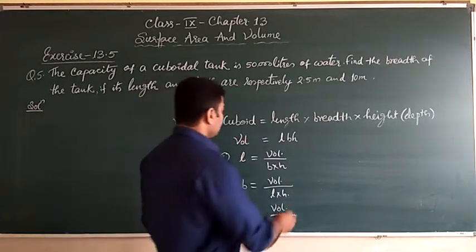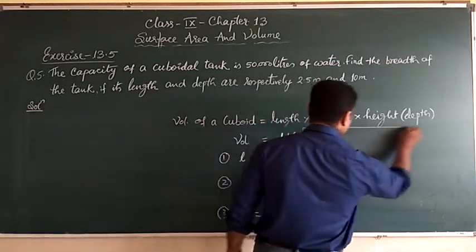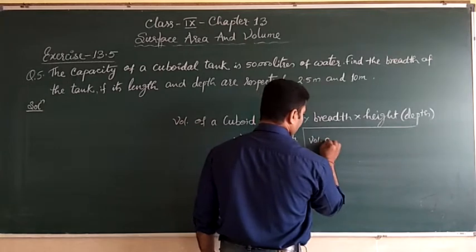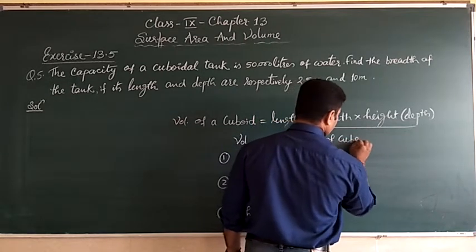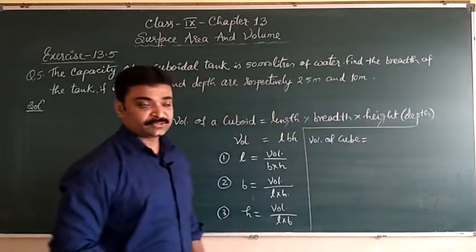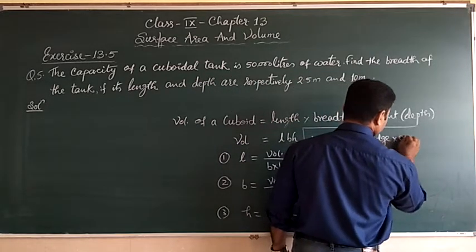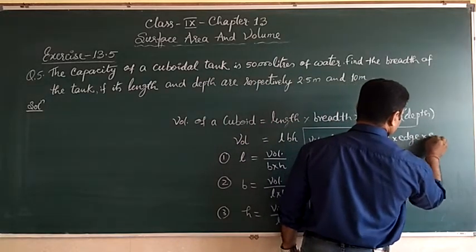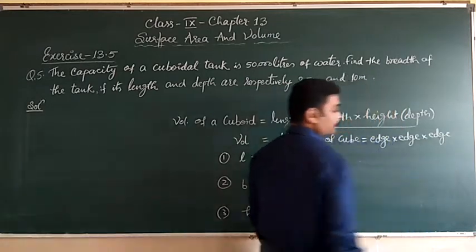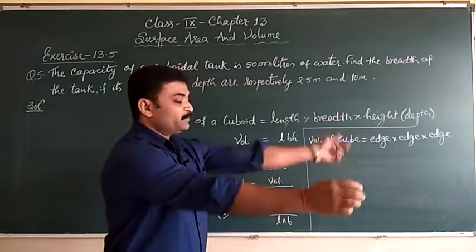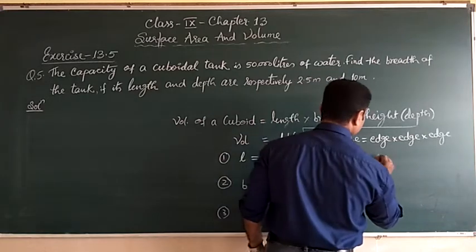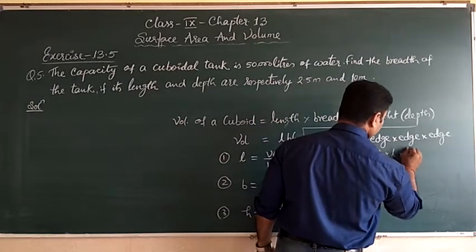Okay. Now, second thing, volume of cube. Volume of cube is equal to edge into edge into edge. In place of edge, we can write length into length into length.